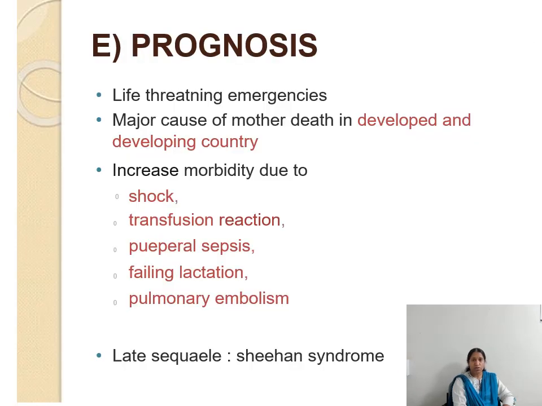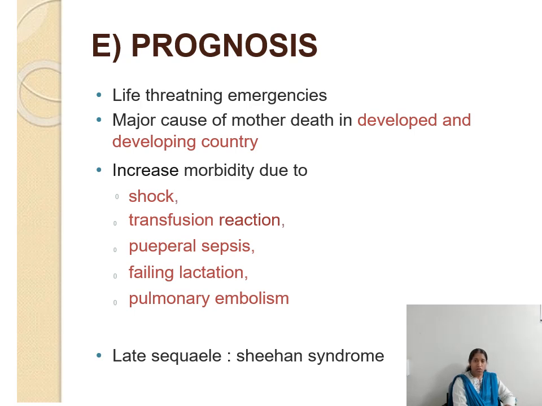Life-threatening emergencies. The major cause of maternal death in developed and developing countries is PPH. So there is increased morbidity and sometimes even mortality. Shock, transfusion reactions due to immediate blood transfusion after PPH, puerperal sepsis because of the anemic status, and also the wound.